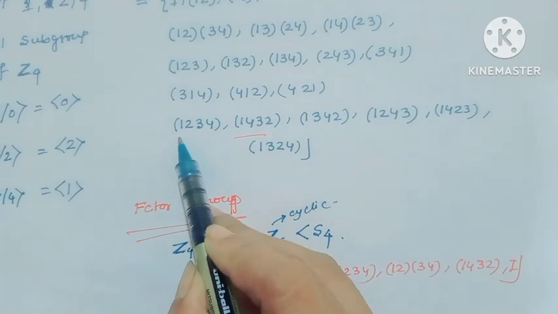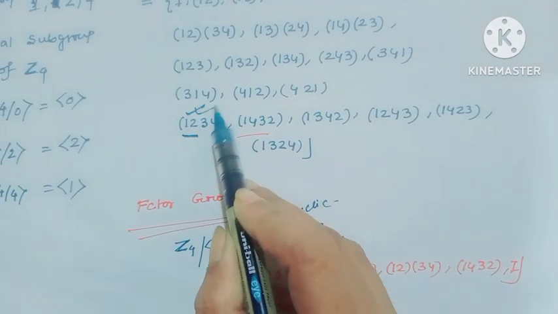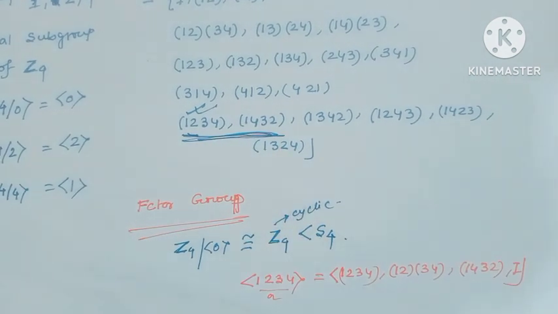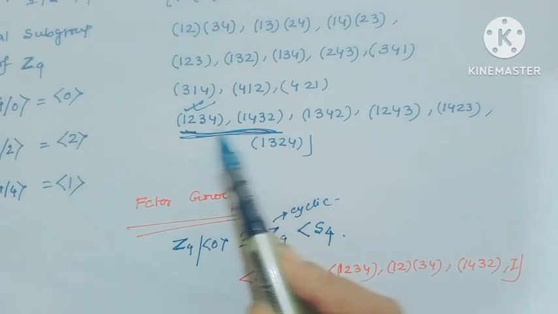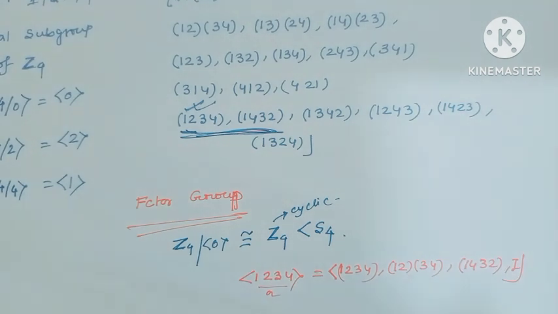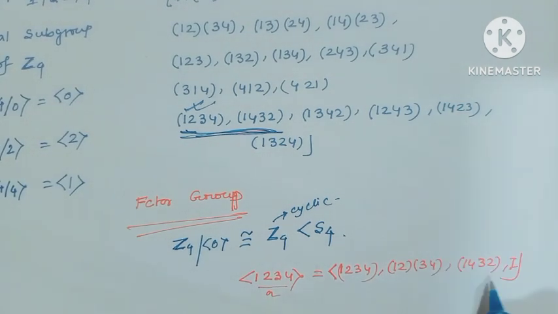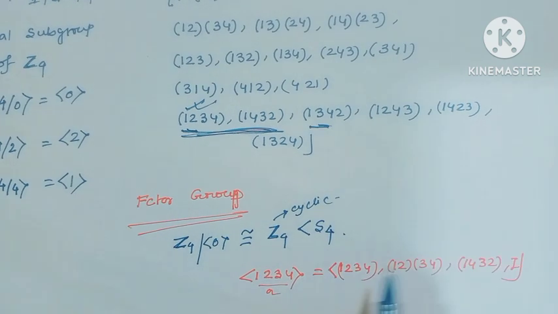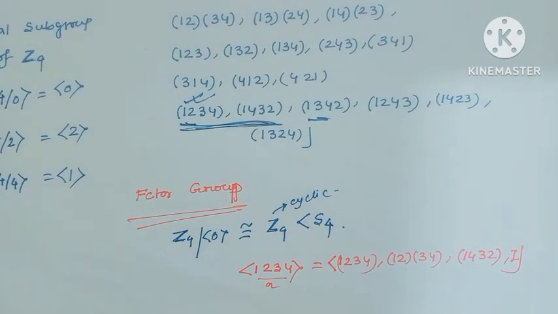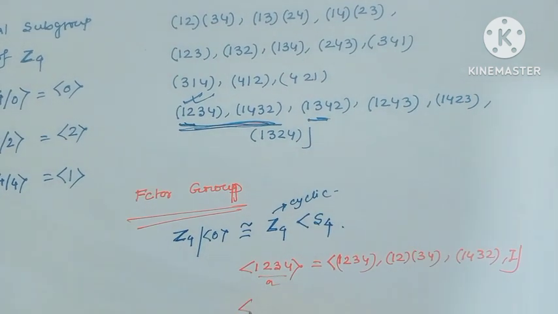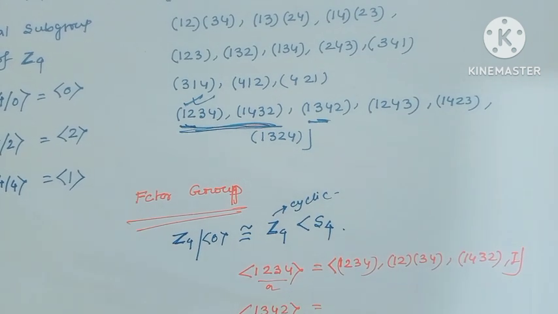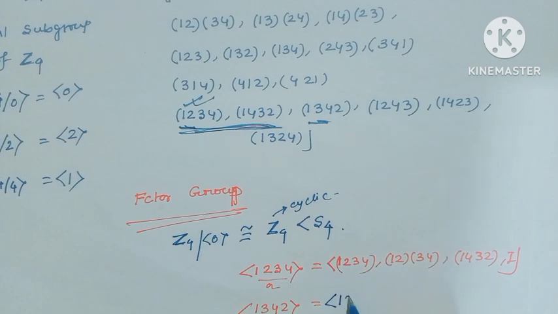Similarly, these 2 elements are included in this subgroup. So another subgroup would be the cyclic subgroup generated by (1 3 4 2).